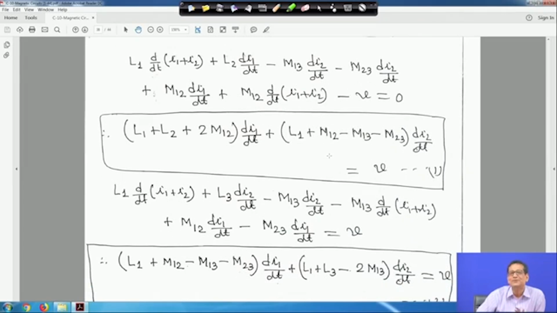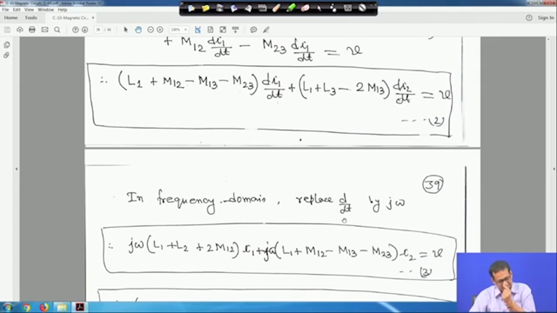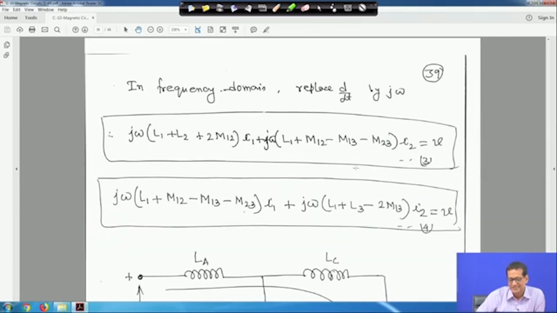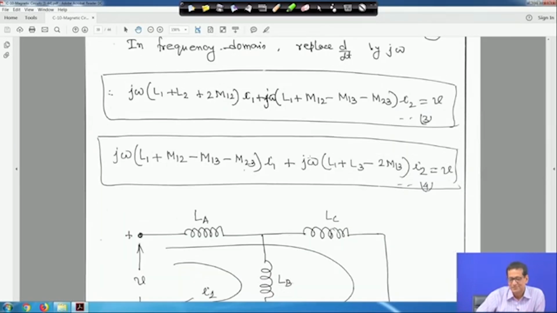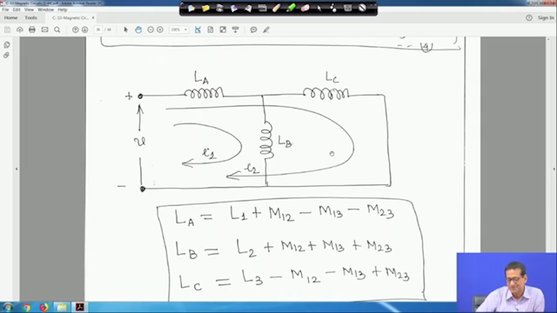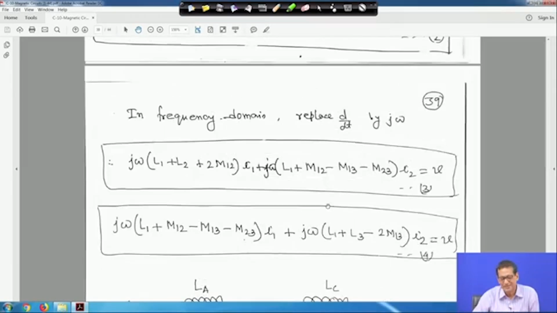So please write yourself first, then you see what has been written, then some time will be saved, right. And in the frequency domain, I told you earlier, you replace d by dt with j omega, right. If you do so, your equation will be like this, and ultimately your equivalent circuit will be like this. So this one you please make on your own.